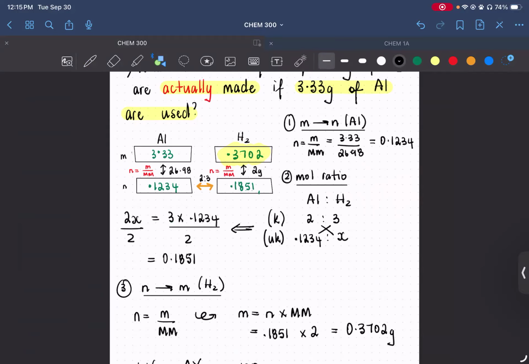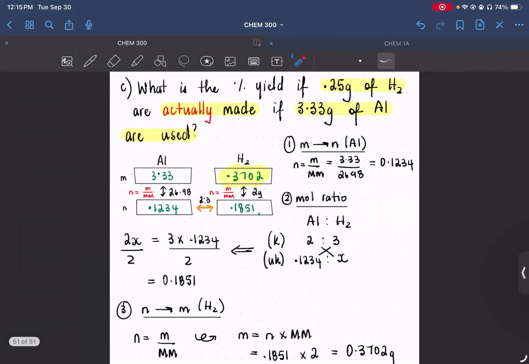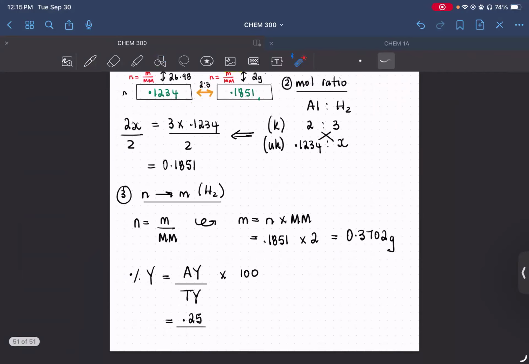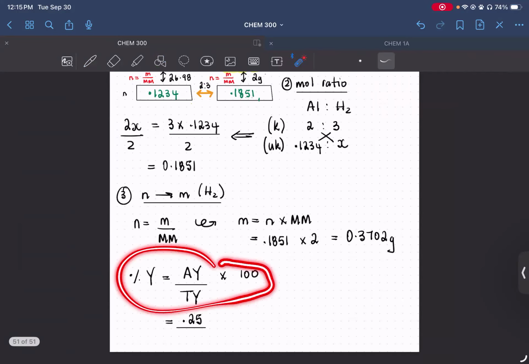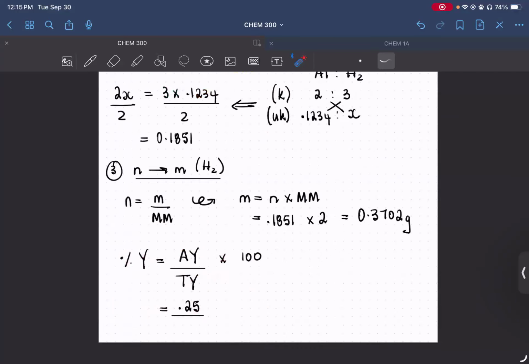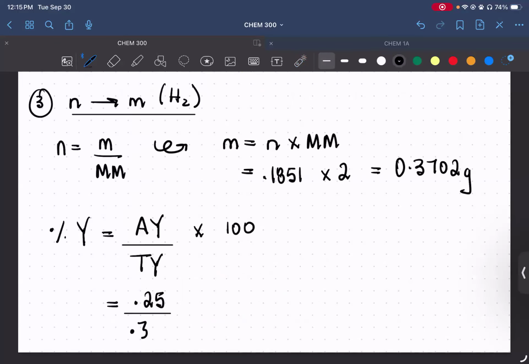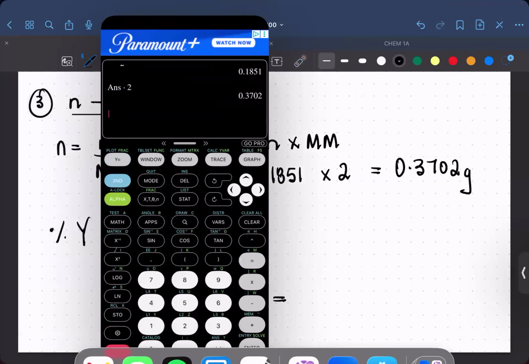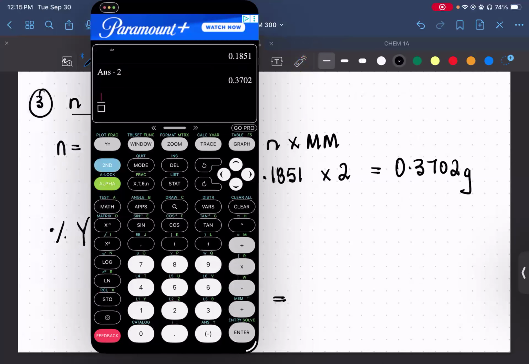Take note of that. Ultimately, we knew the question was about percent yield. Percent yield is a fairly straightforward formula. I've given you the actual yield, but we spent a lot of time determining the theoretical yield. That's that 0.3702 number, times 100. Putting this in our calculator, 0.25 divided by 0.3702, all of this times 100.